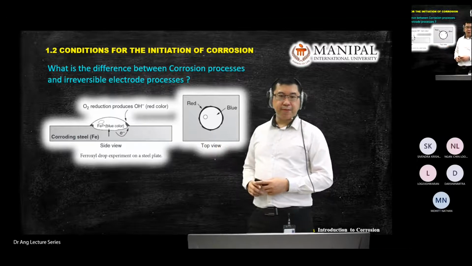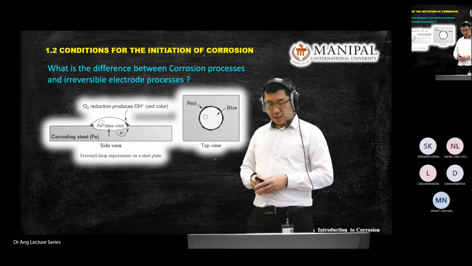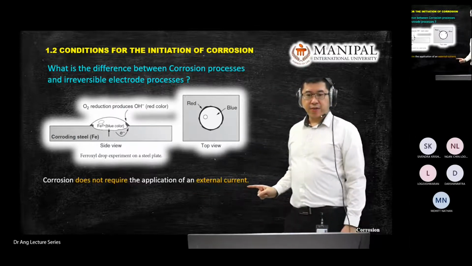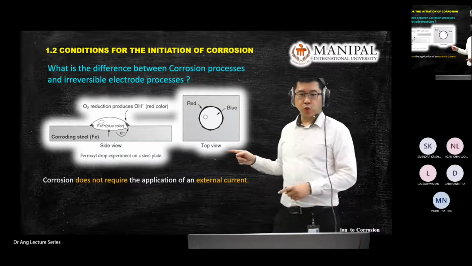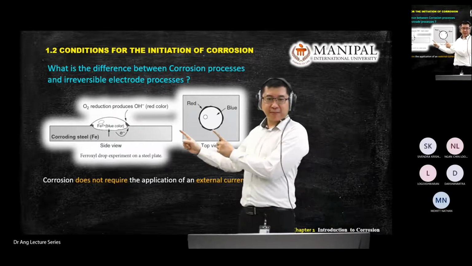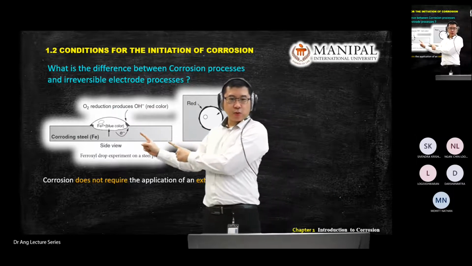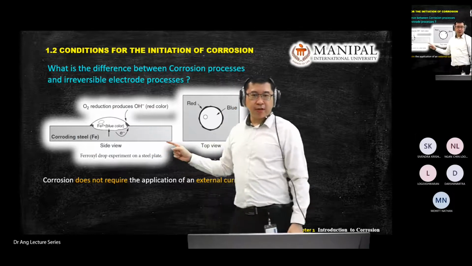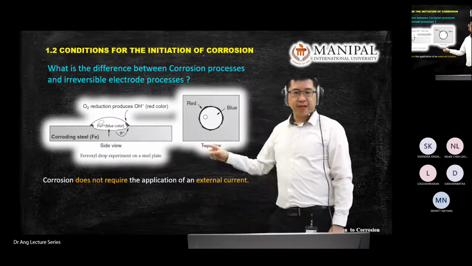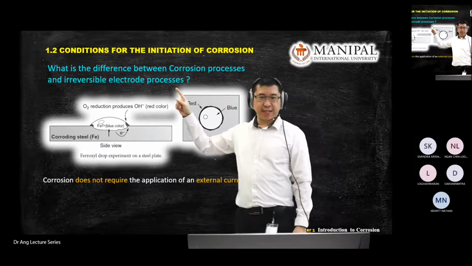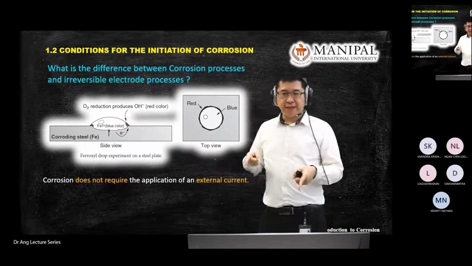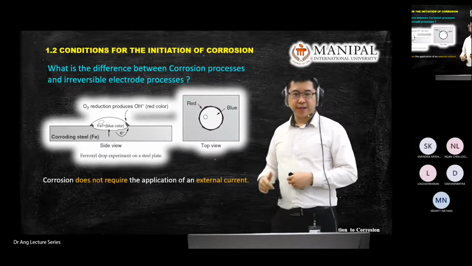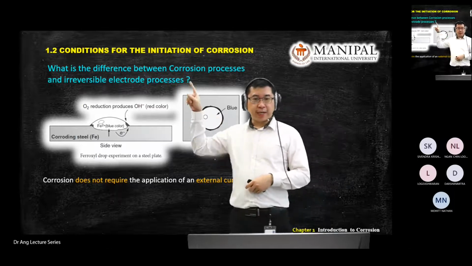So something different between electrolysis and corrosion is that they do not need external current, meaning you don't need to put in the power. Okay, you don't need to put in battery or electric power to start the process. If you do electrolysis or electrode process, you need to put in positive, negative charge to initiate the process. So we go deeper into the definition of corrosion.